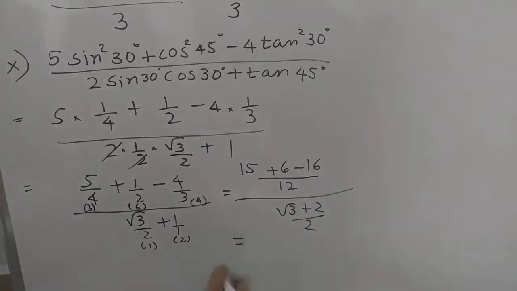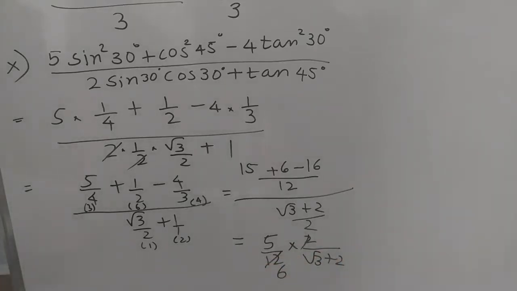Then we solve it. Minus 16 plus 6 is minus 10, and 15 minus 10 is 5. So 5 by 12, and the denominator we take in the cross way up. So I rewrite again 5 by 12 into 2 upon root 3 plus 2, like this. And 2 6s are 12.